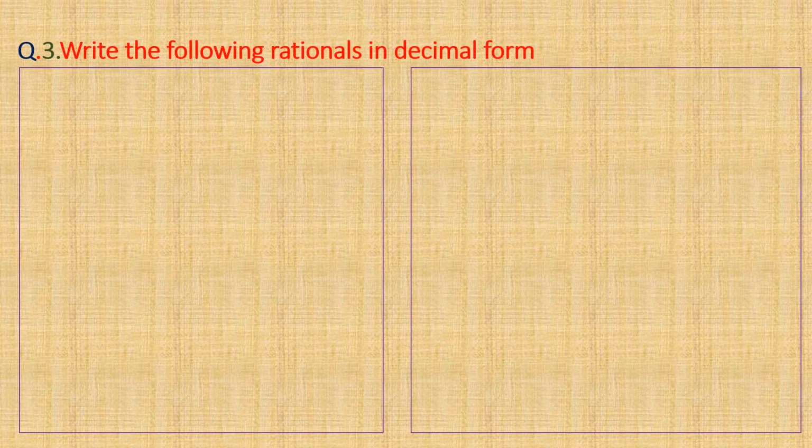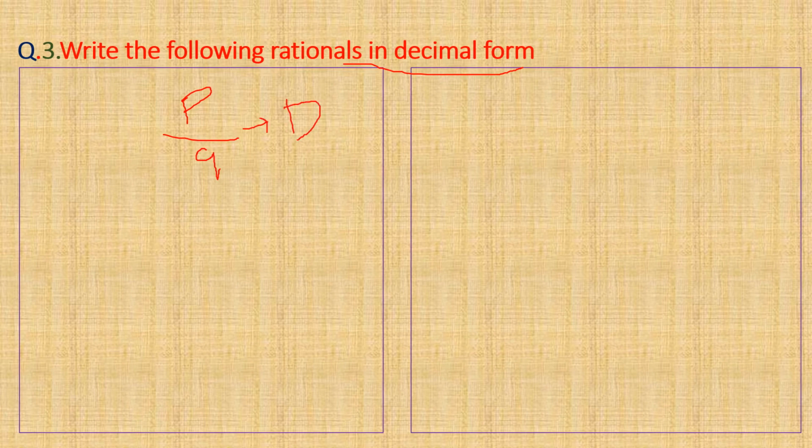So here is your next question. Write the following rationals in decimal form. Now here he will give a rational number, in the p by q form, and he will ask us to convert it into decimal form. P by q to decimal form.